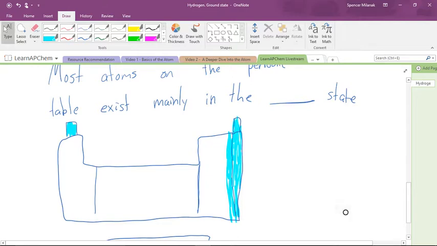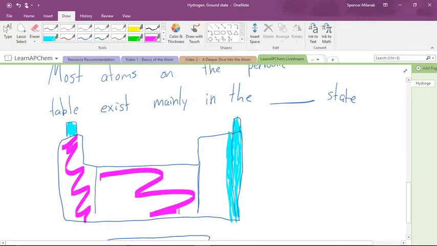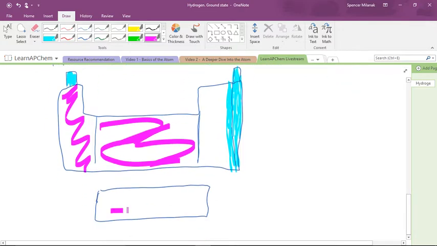This is just a guess. I don't actually know where they exist, so I won't do that. But all of these here are all solids, mostly. There are exceptions like mercury.